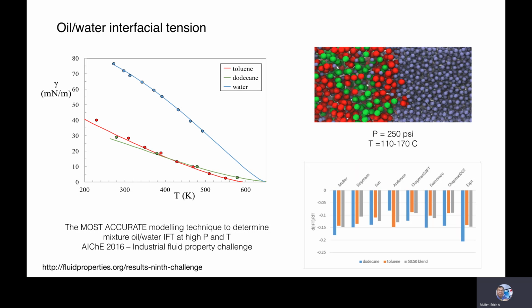Once the predictions were made, the experimental answers were disclosed, and a comparison could be made of the different modeling techniques. I was very pleased to see that the SAFT model came top in this challenge, rivaling the very accurate atomistic and other types of models.